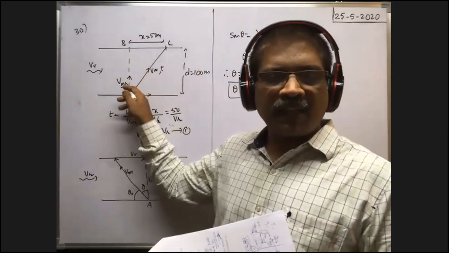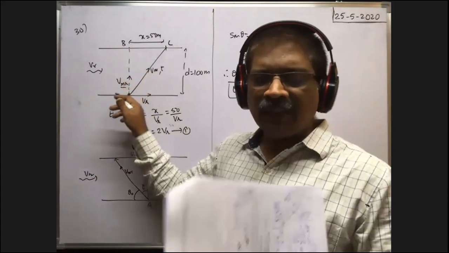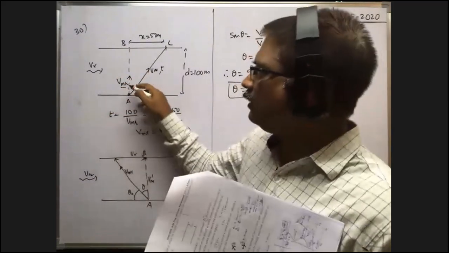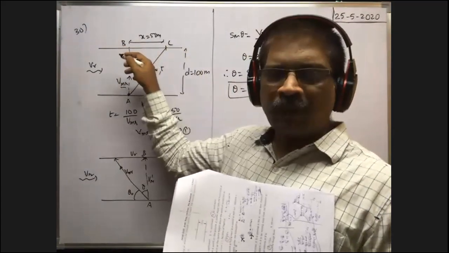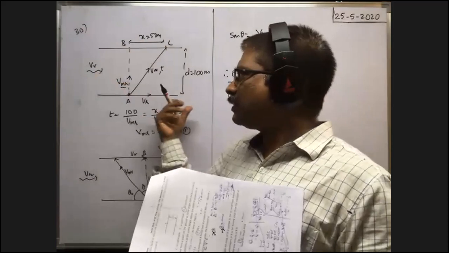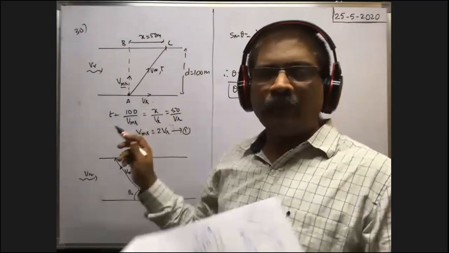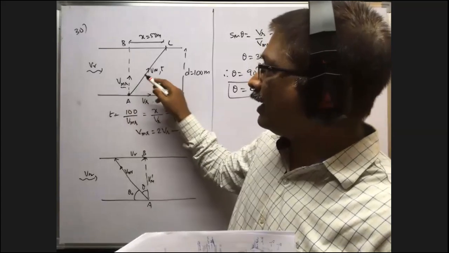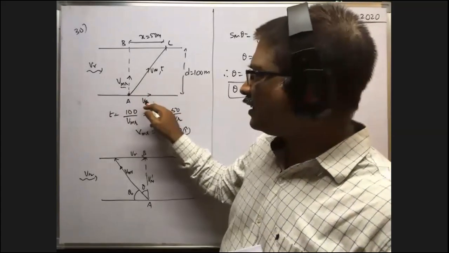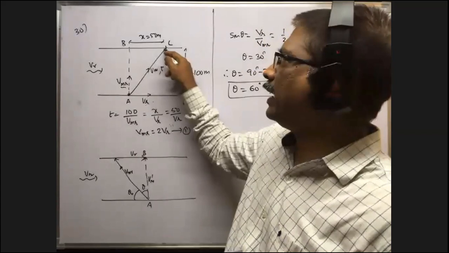Actually, the man has wished to travel to reach exact opposite point. That's why he swims in this direction. But at the same time, river pushes the man in this direction with a velocity VR. So from the ground, if you observe the man, then the man seems to be travel along the path along which the resultant of VR and VMR lies. That means in between these two, the man travel along this path.